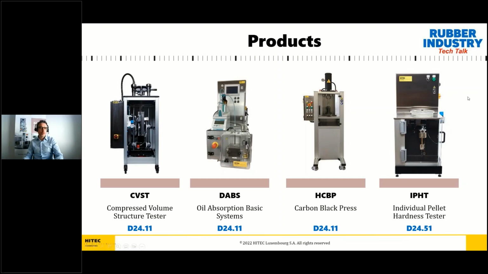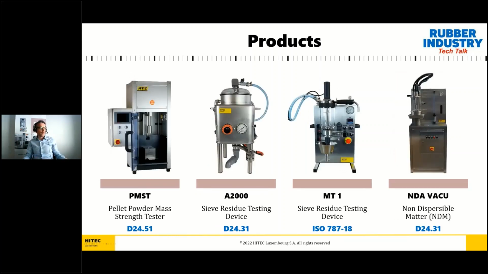Then we have the IPHT, individual pellet hardness tester, used to measure the individual pellet hardness. We have a pellet powder mastering tester. And the last three units are sieve residue testing devices. We will see also the difference between the different devices in the next slides.